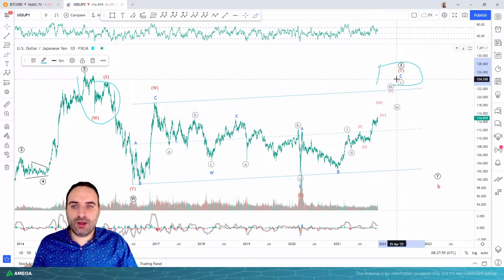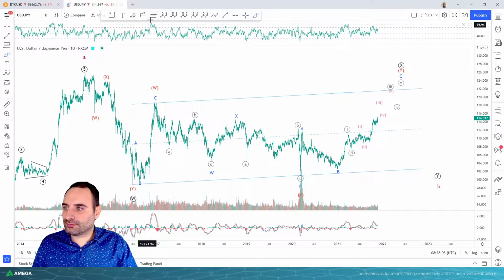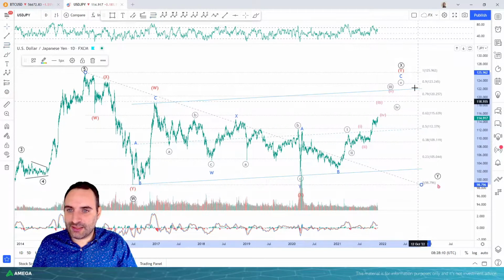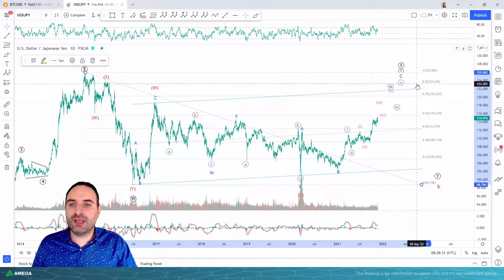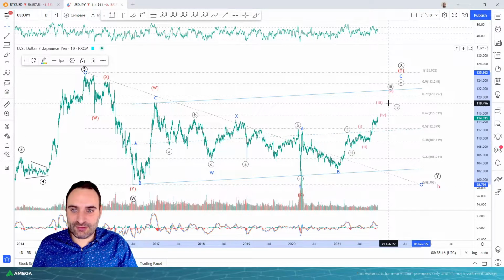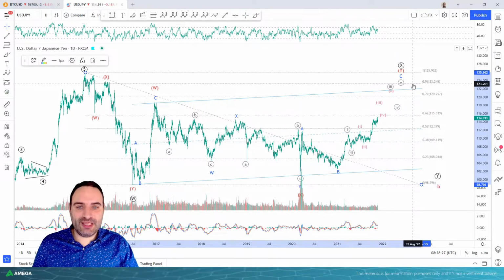When and if X stops at a level above the 90%, which is over here, 123, only then will I switch this to an ABC, which is going to be a flat. So if we do get to around 120 or so, which is where X is expected to go, or even perhaps higher, but if it doesn't get to 90%, it cannot be an ABC flat pattern. So it has to be a W, X, Y.